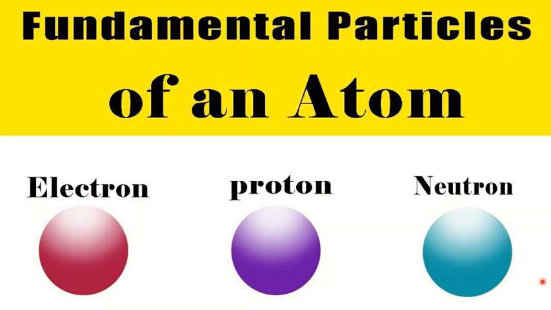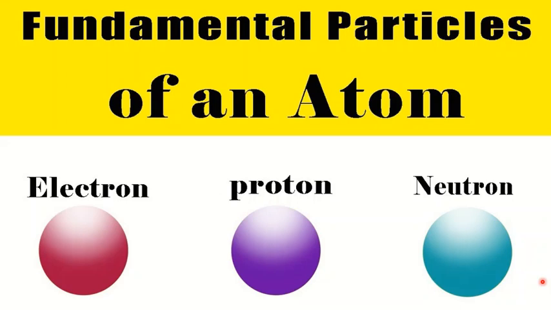We are talking about atomic structure from chapter 6 of your science book. Here you came to know about atom, the fundamental particles of an atom, and an atom which consists of electron, proton, and neutron.